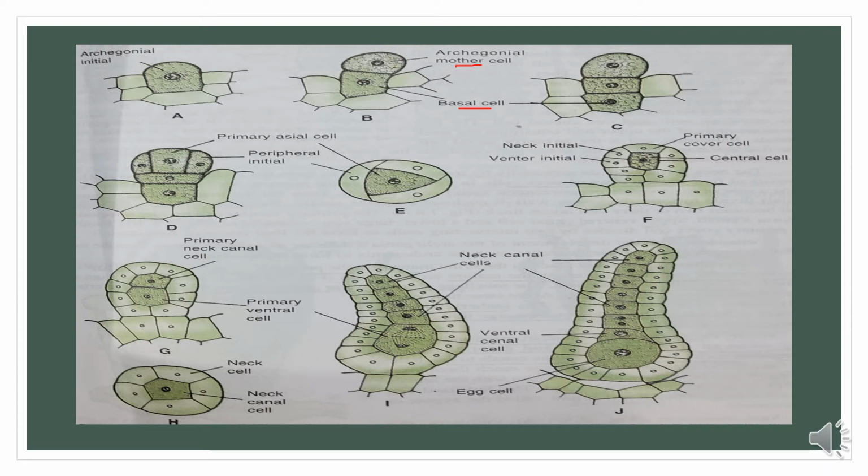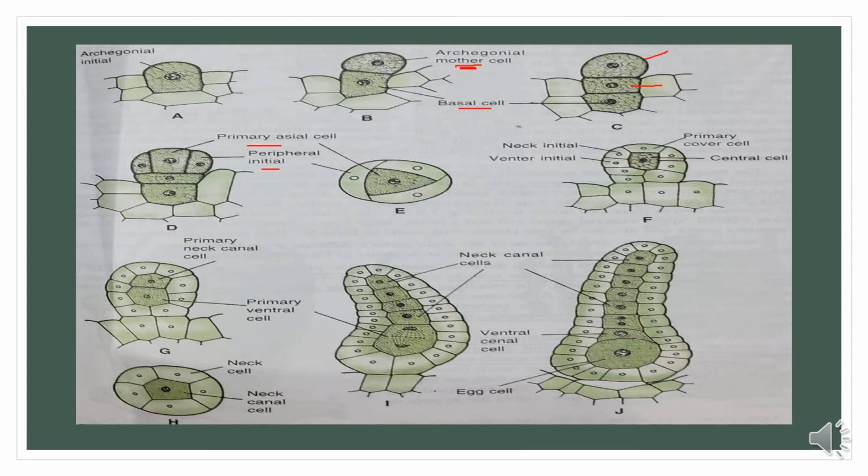Again, this archegonial mother cell enlarges and divides transversely into the archegonial initial cell and the basal initial cell, the stalk initial cell. The stalk initial cell later forms a multicellular stalk, and the upper cell undergoes further division to form the jacket initials and the archegonial initial.